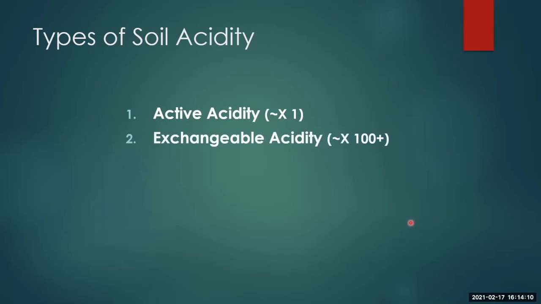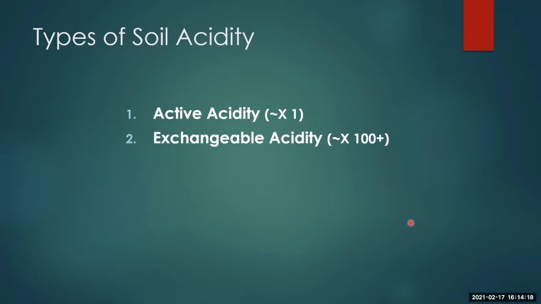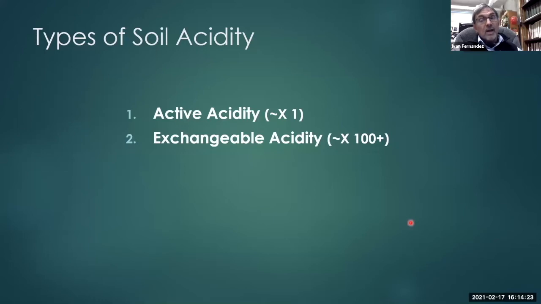The second one is exchangeable acidity. A lot of you know what that's about, but exchangeable acidity is all the acidity that's still stuck to soil particles. It doesn't automatically jump into solution when the soil wets up, but it's there and readily available to replace the hydrogen that's in the solution.